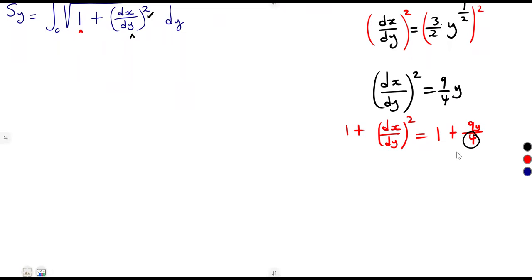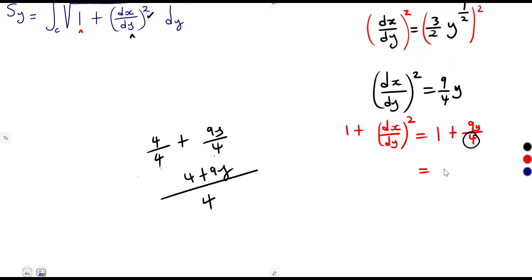So you can write this one as 4 over 4 plus 9y over 4. This is 1, 4 over 4. So that when we are adding, we simply consider the denominators are the same. So we just combine the numerators. It will be easier that way. All right. So I have added these two. I'm going to obtain 4 plus 9y over 4.